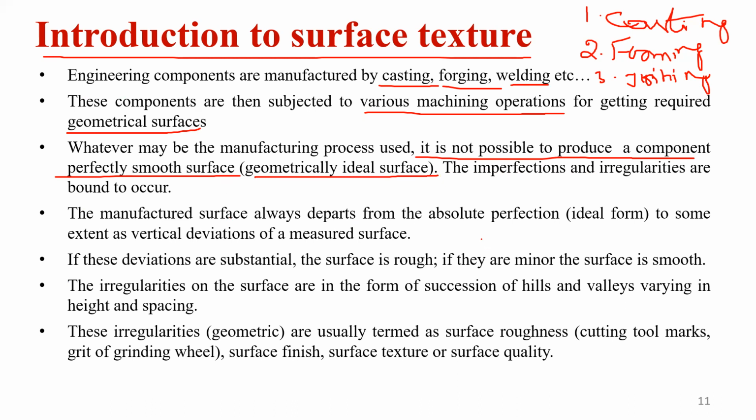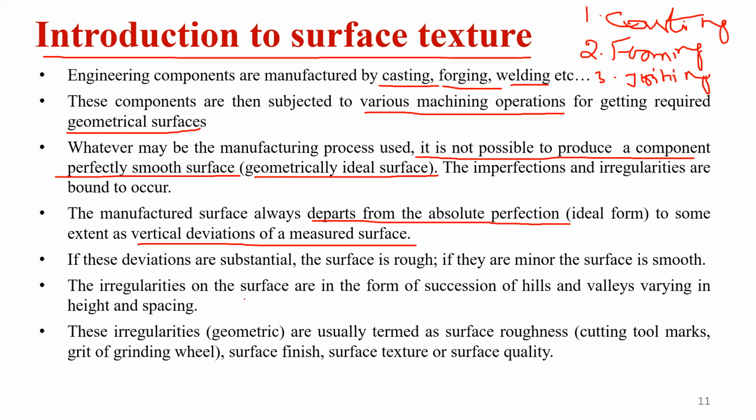These irregularities depart from the absolute perfection, that is from the ideal form, to some extent as vertical deviations of the measured surface. If these deviations are substantial, then the surface is called a rough surface. If the deviations are minor, then the surface is called a smooth surface.